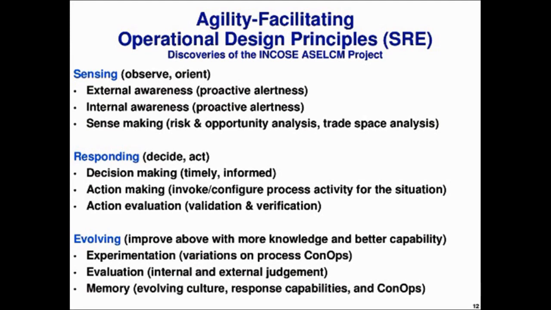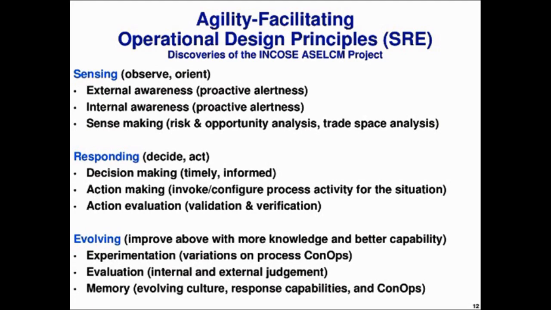So there are 3 key principles that have to be employed and fleshed out in the design of an effective activity here. Evolving basically amounts to experimentation, trying something new, variations on your process concept of operations, as well as variations on the product that you're producing.